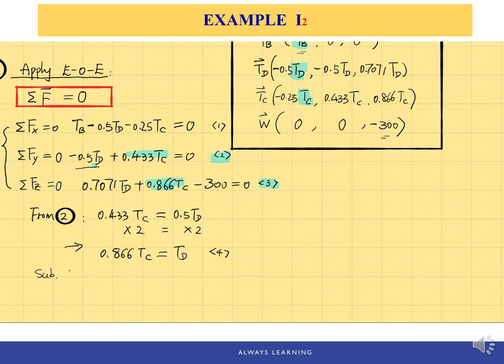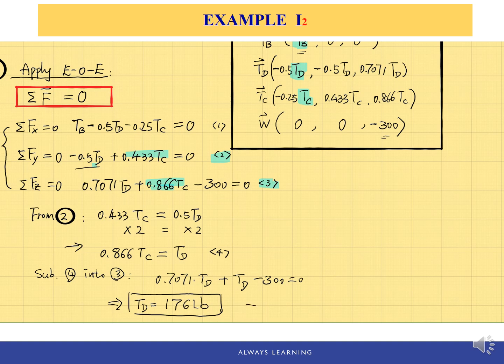Okay, now let's call this equation 4. Substitute equation 4 into equation 3. We will have 0.7071 TD plus TD minus 300 equal to 0. So TD can be solved. And we plug this value back into equation 4.